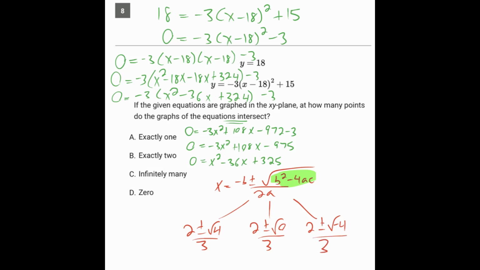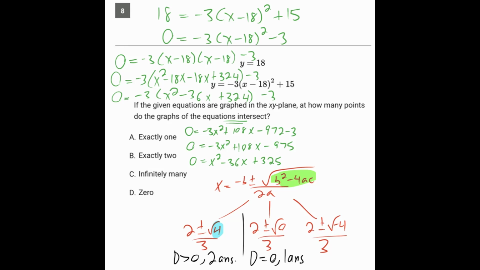So if the discriminant is a positive number, we'll end up with 2 solutions, because if we were solving the quadratic here, it would be 2 plus 2 over 3 and 2 minus 2 over 3. So we would get 2 answers. If the discriminant equals 0, we'll get 1 answer because we're not adding or taking away anything. It's just 2 over 3.